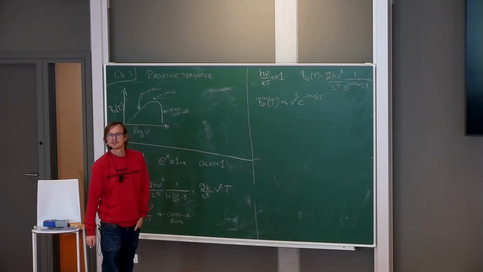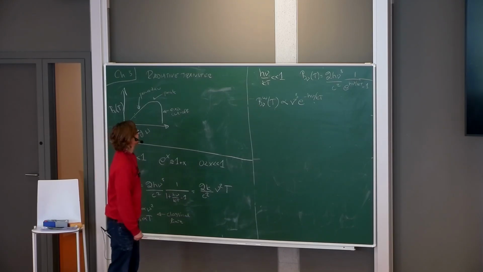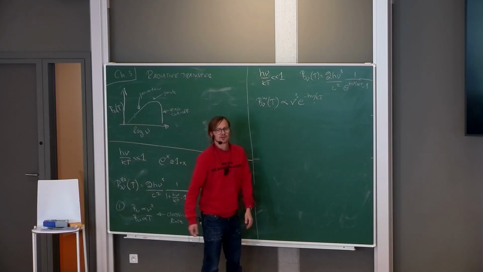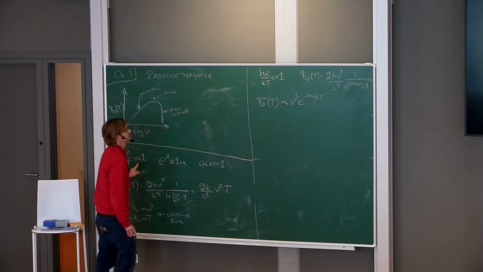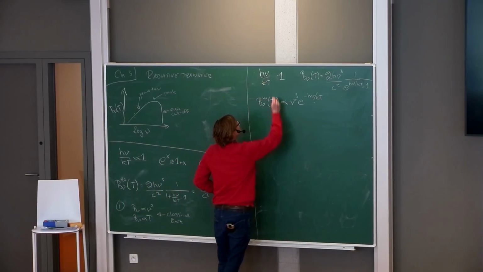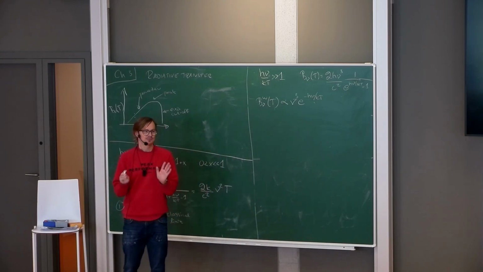Yeah, that's a basic thing from calculus. It was pointed out from the audience that both here I had h nu over kT much, much smaller than 1, and then I repeated it here. Hopefully I said it wrong. It should, of course, be much, much greater than 1. My apologies.